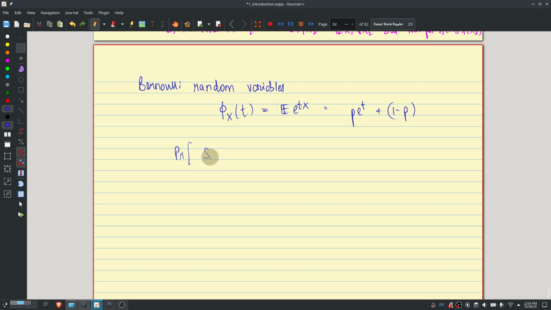The probability that Sn minus p, where the mean is equal to p, is greater than or equal to delta is less than or equal to phi X of t divided by e raised to t times p plus delta, whole raised to n.